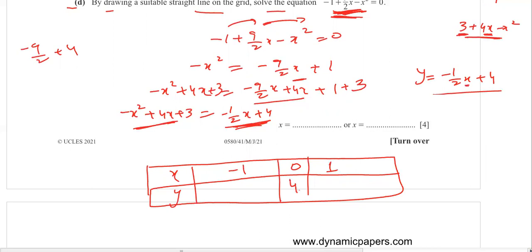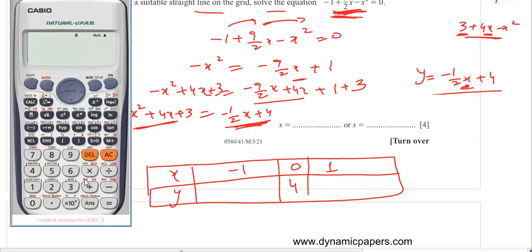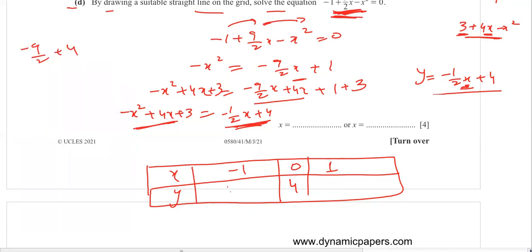Put x equal to minus 1. Let's solve by calculator, I think it's better. Minus 1 over 2 into minus 1 plus 4. It will be 9 over 2, meaning 4.5.